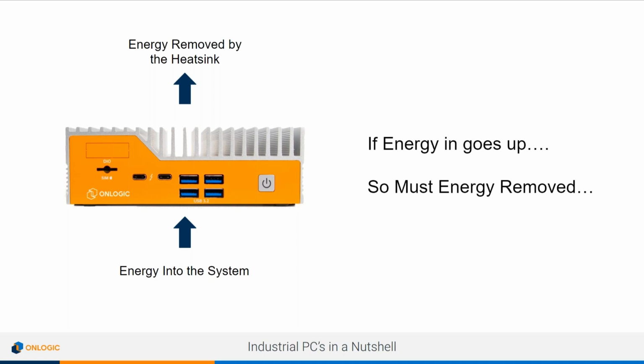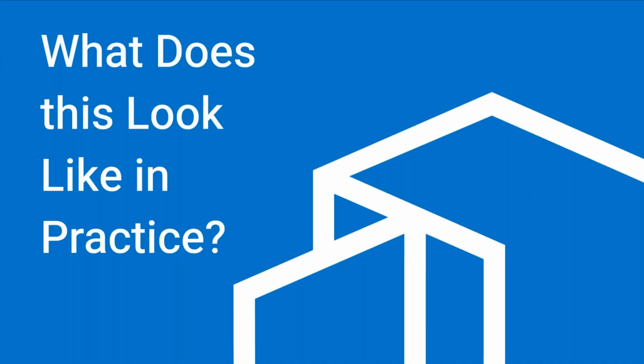Wherever you're getting power for the system, some amount of current is going into the computer and being used to do the functions of the computer that you're asking of it. And like I stated, with OnLogic's computers, in our passively cooled environment, any efficiency loss needs to be removed by the heatsink. Now, what does this look like in practice?